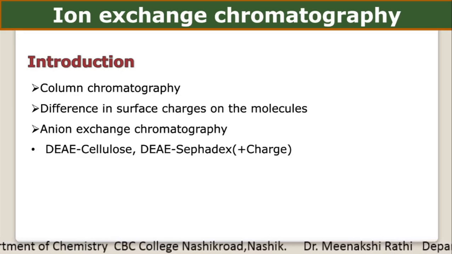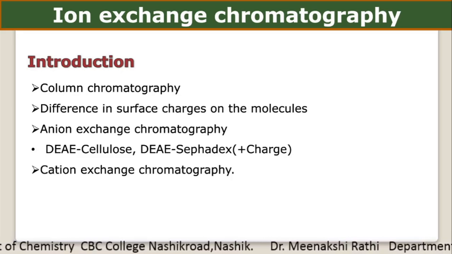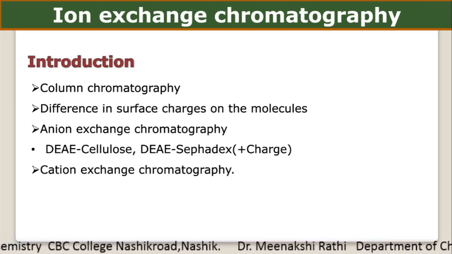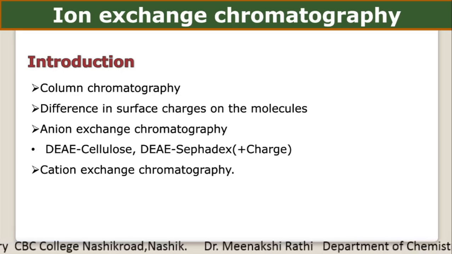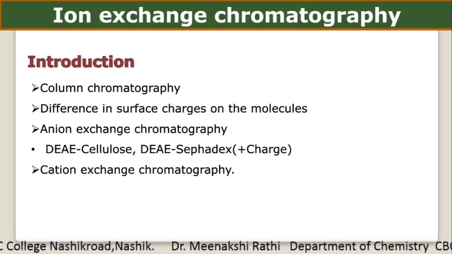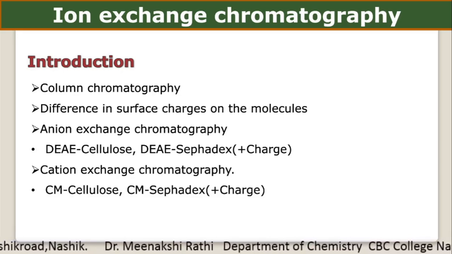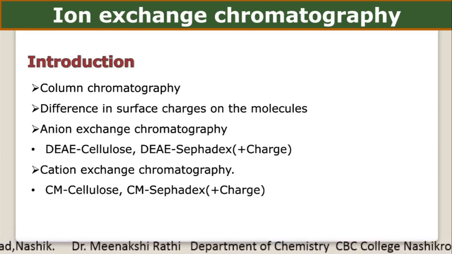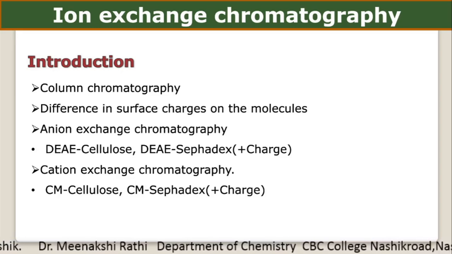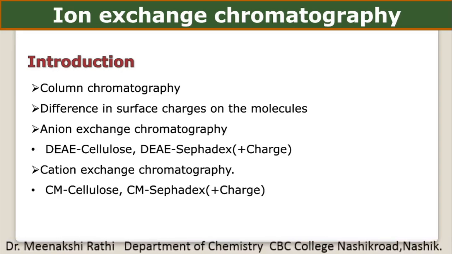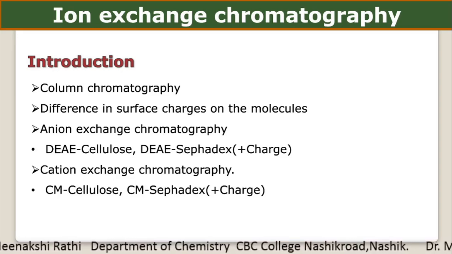towards themselves. While for cation exchange chromatography, in which positively charged ions are separated, here CM cellulose and CM Sephadex are used. CM stands for carboxymethyl cellulose and carboxymethyl Sephadex.